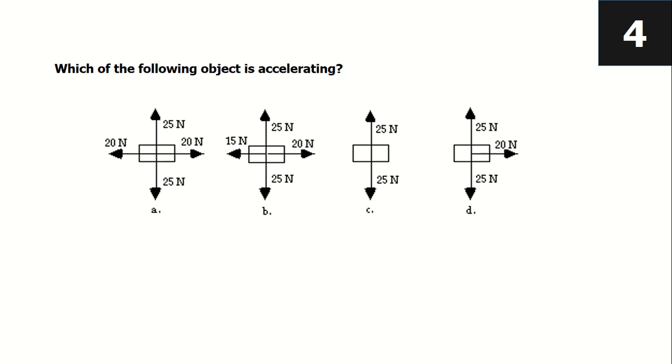So if any of these objects, A, B, C, or D, is experiencing an unbalanced force or a net force, it would be accelerating. So the thing to do here is to compute for the net force for each of the cases.